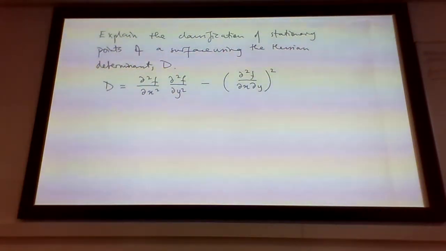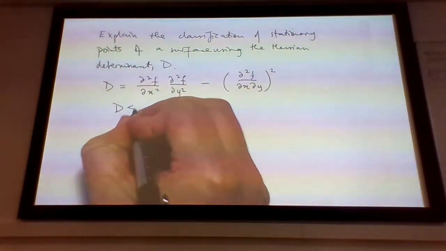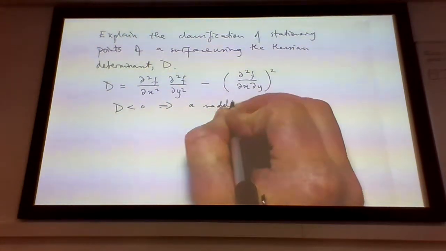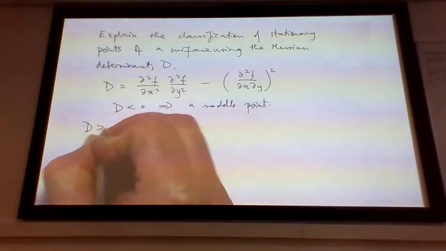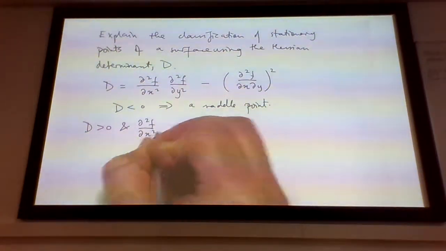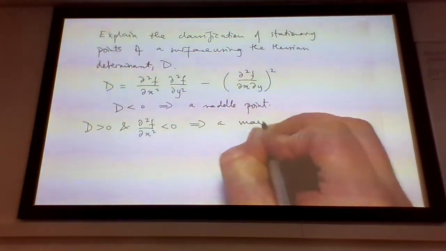And just to remind you of the classification, if D was less than 0, this implied a saddle point. If D was greater than 0 and d2f/dx² was less than 0, that implied a maximum point.